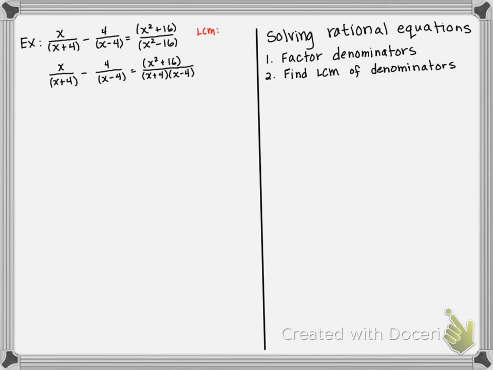We said, okay, the first one has a factor of x plus 4. And then the second one has a factor of x minus 4. And then for that third denominator, I'd need an x plus 4 and x minus 4, but I already have both. So x plus 4 times x minus 4 contains all of the factors in my denominators. Notice we are not getting common denominators. We're not making the denominators the same. We're just figuring out what the least common multiple of the denominators is.